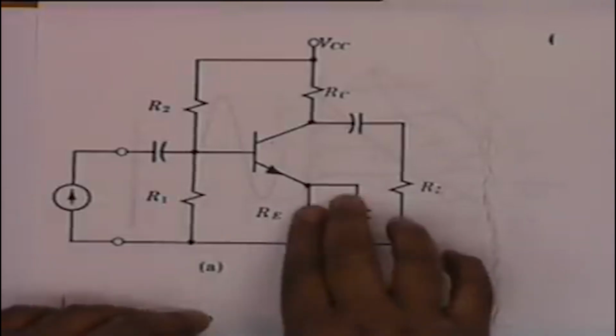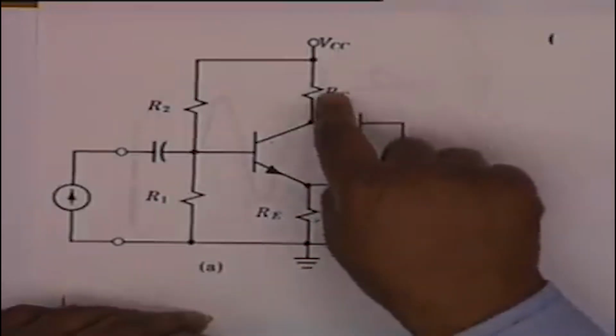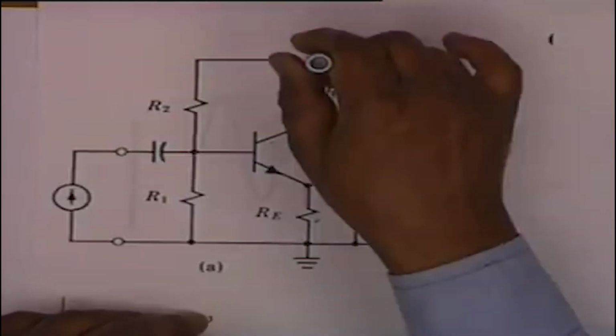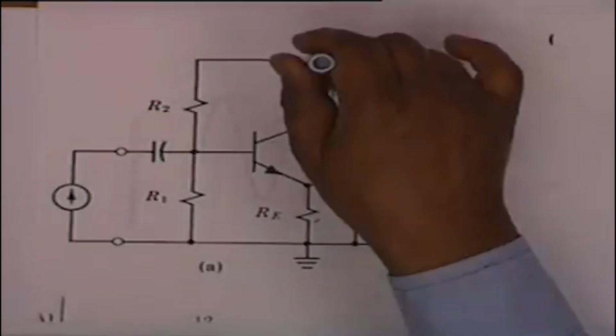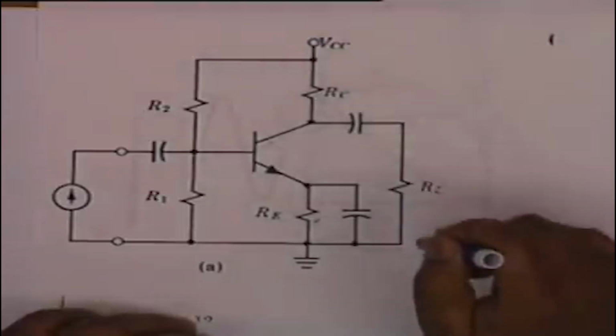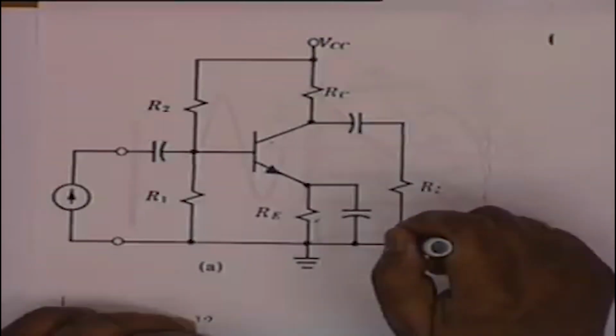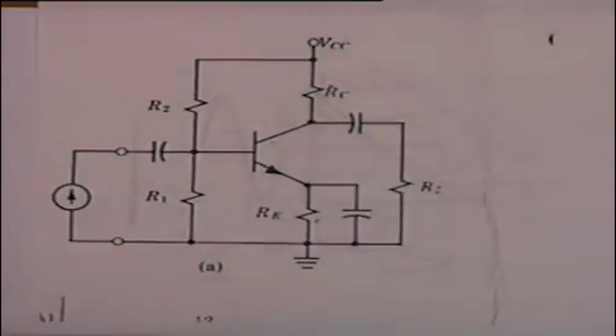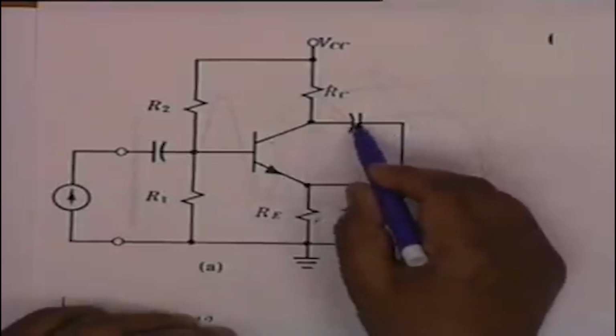So RE does not present a load. But RC, what is the AC potential of this point? A battery, internal resistance 0. So the AC potential should be 0. And AC potential of this point is also 0. Therefore, RC and RL are connected in parallel, because this is an AC short.